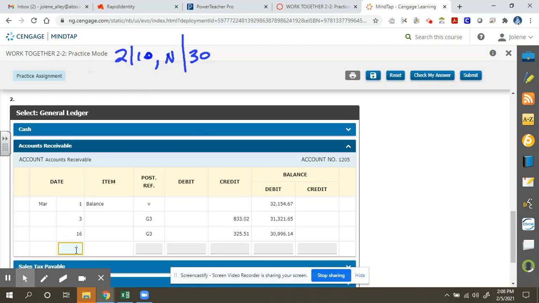And this is for March the 31st. March has 31 days in it. CR5. This was a credit of 23,022.20. Has a debit balance in there, so we got to subtract the two. Debit and credit, they don't mix. We got to subtract the two.